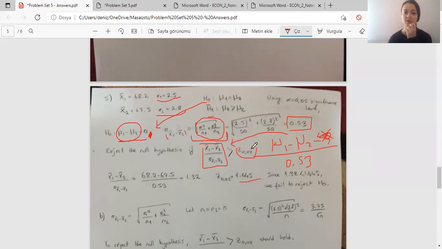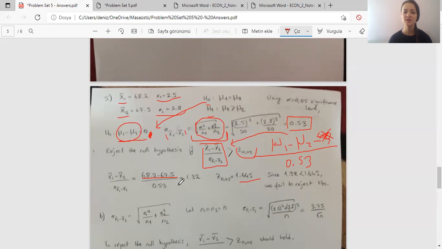You need to memorize it. So let's check if it is greater or less than 1.645. We are putting in the values for x1 bar and x2 bar, and dividing by the standard deviation of the differences of sample means, which is 0.53.